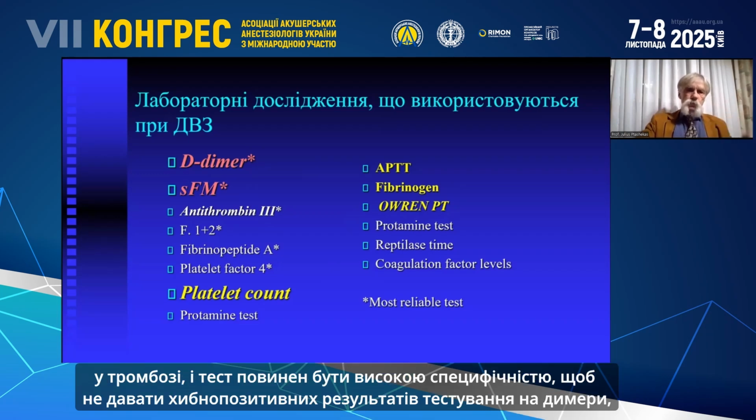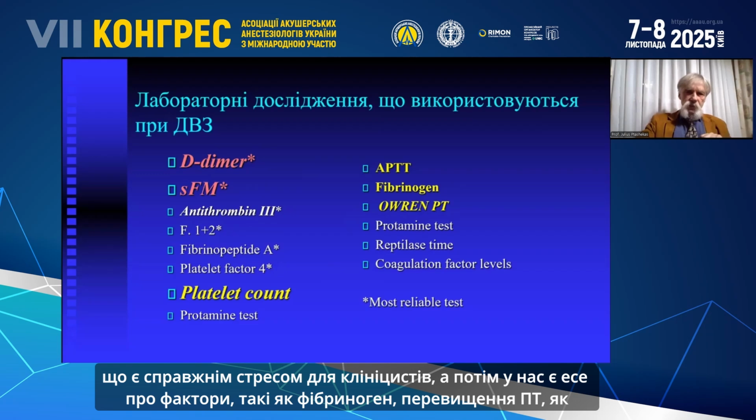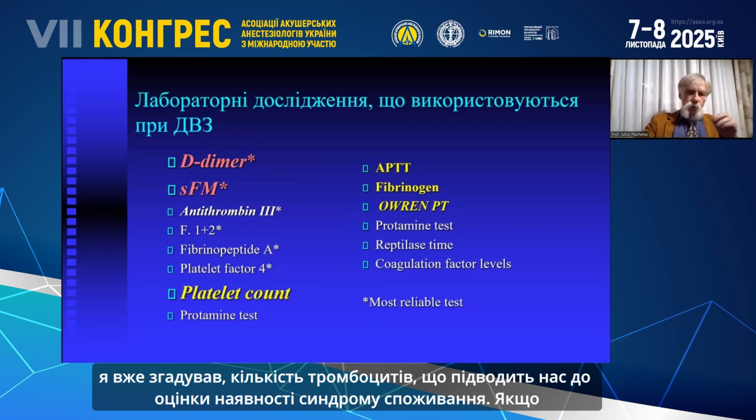And the test should be high specificity, not to bring false positive D-dimer testing results, which is really a stress to clinicians. And then we have factor assays, APTT, fibrinogen, overall PT, as I mentioned, and platelet count, which bring us to the evaluation of whether there is consumption syndrome.